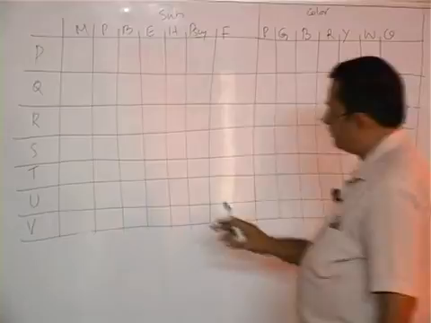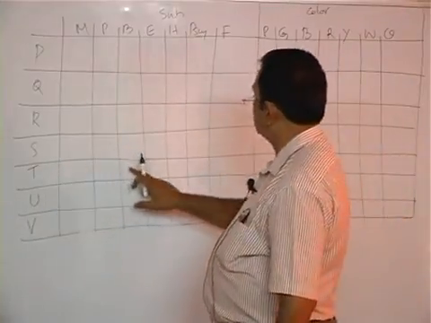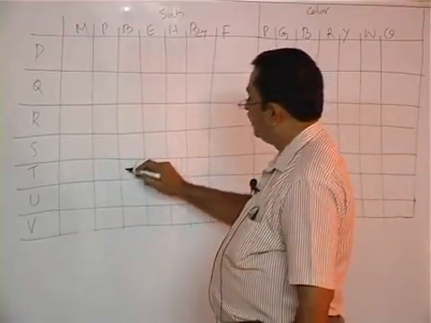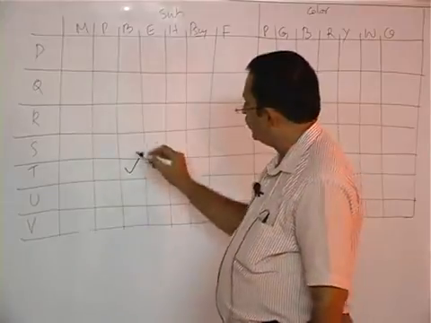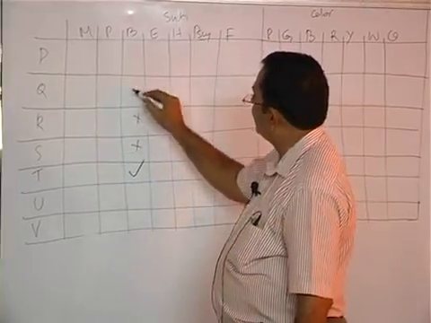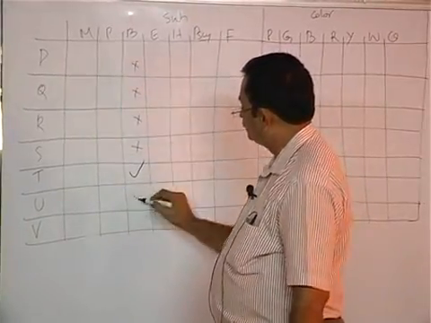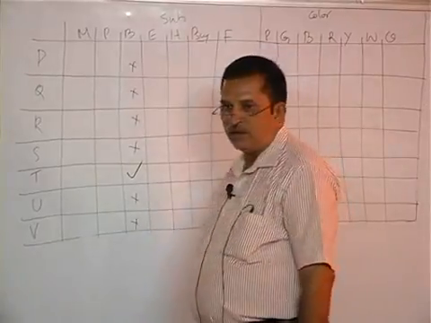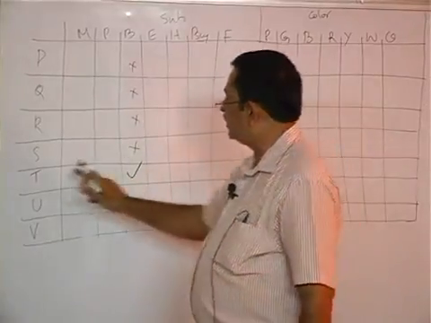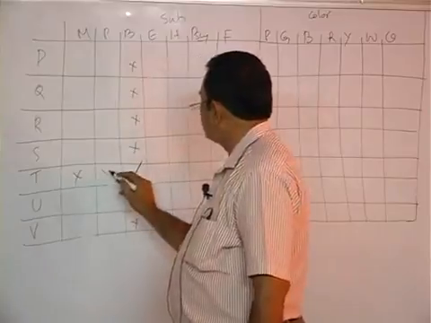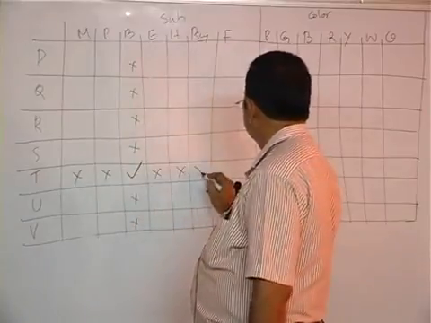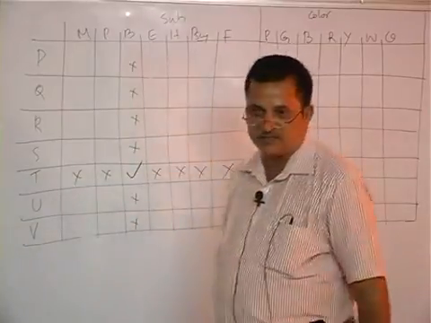T teaches biology. If T is teaching biology, no other will teach biology, is it not? And biology is taught by T, he will not teach other subjects also. So you have to block like this.